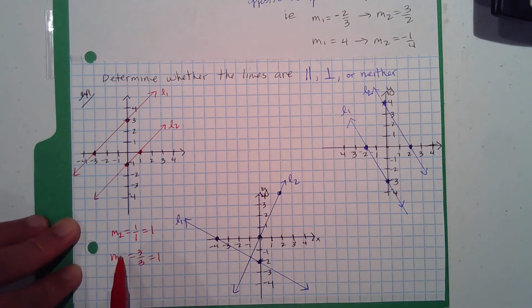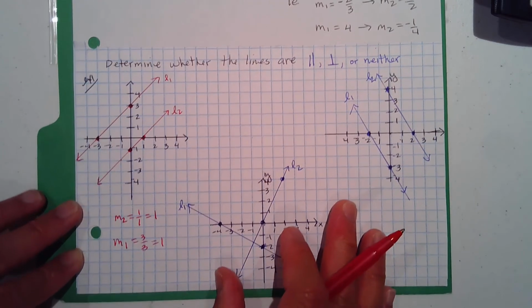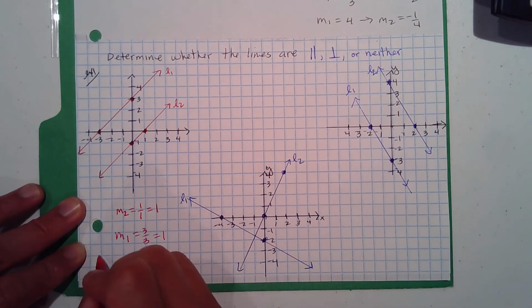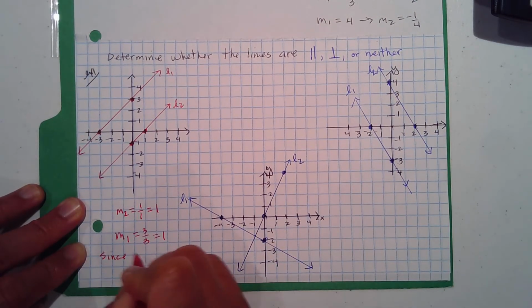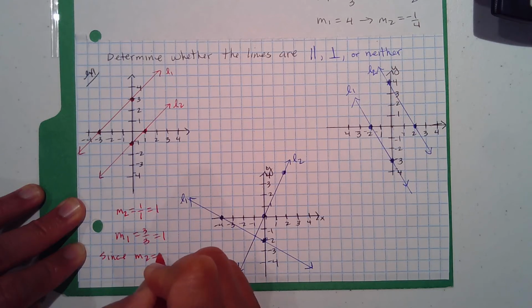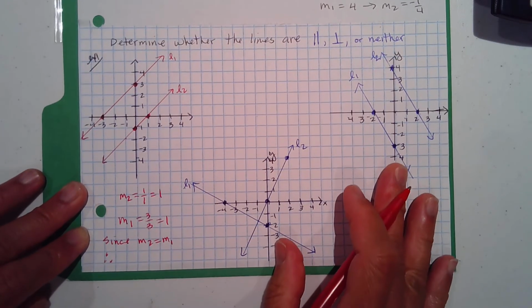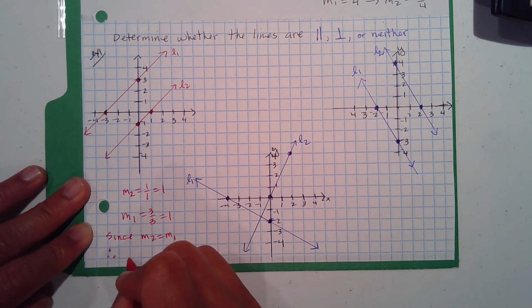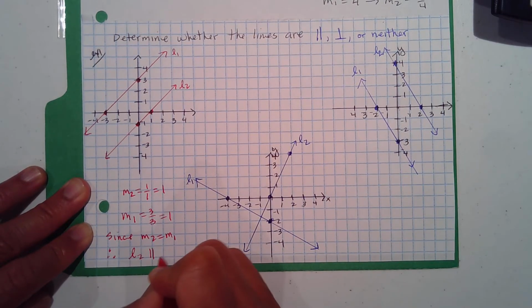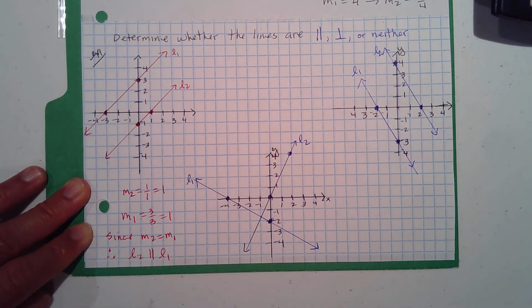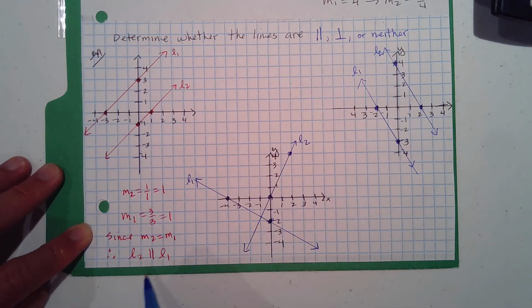So since the slope of line 2 is equal to the slope of line 1, therefore L2 is parallel to L1. So again, if the slopes are equal, then the lines are parallel.